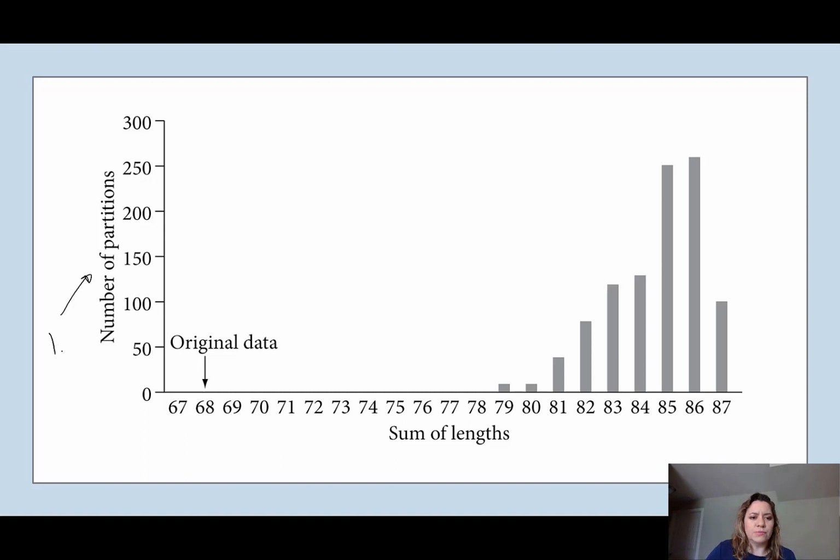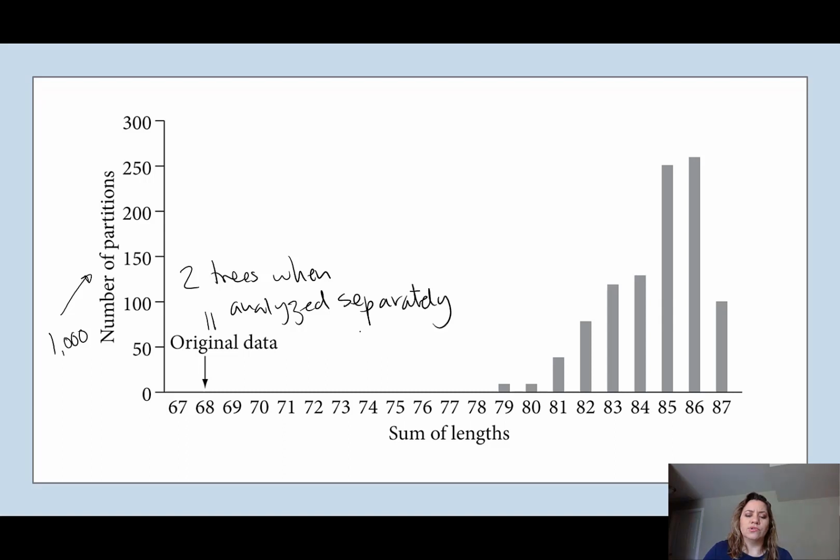Let's assume that the ILD program ran 1,000 different partitions, where it built 1,000 different pseudo-replicate data sets. And we know that the original sum of the two trees analyzed separately was 68.